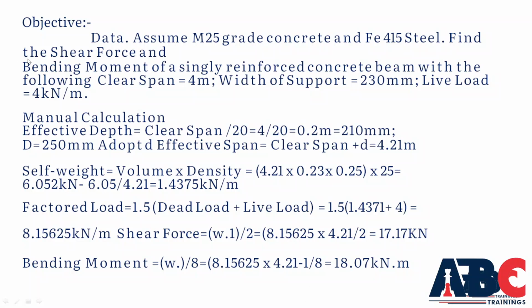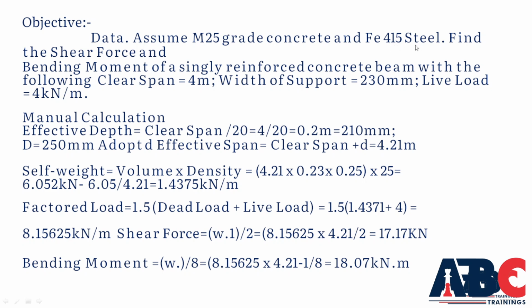The objective is to calculate this. Data: assume M20 grade concrete and Fe415 steel. Here M is mix and 20 is the grade, the compressive strength of concrete, and Fe is steel with its tensile strength.